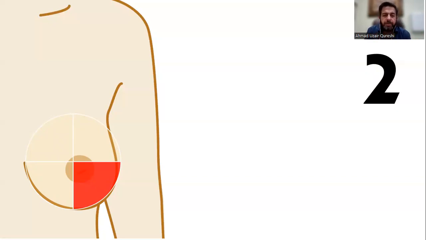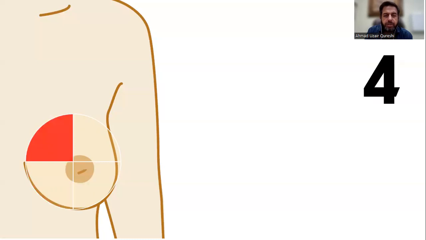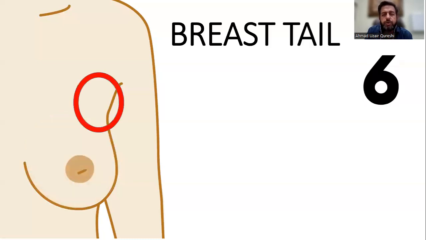Once you complete the inner and the outer lower quadrant, you come on to the inner quadrant, then the upper inner quadrant, and the upper. When these five areas are done, we move on to the six. Six is the axillary tail. Do not forget to inspect it during inspection, and then during palpation you need to palpate the same areas, all four quadrants that you have just mentioned.